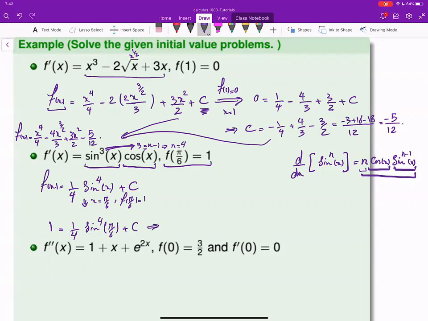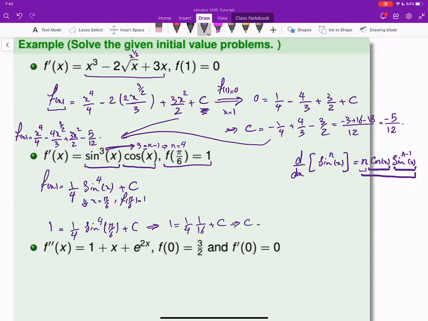I know that sine of pi over 6, which is 30 degrees, is 1 over 2. 1 over 2 to the power 4 is 1 over 16, plus c.